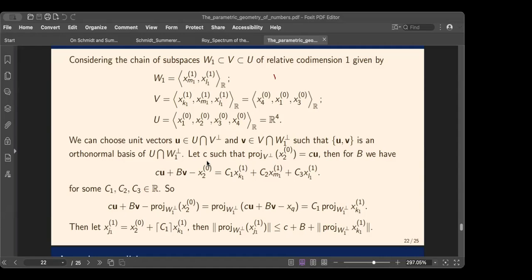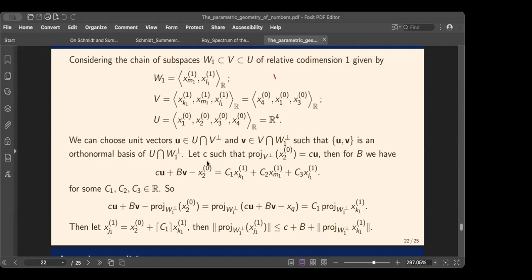And the projection of xk1 to the orthogonal subspace of W1 we can calculate concretely by condition 4. And if we restrict ki to be less than ji, then the value of this projection is much smaller than aji.